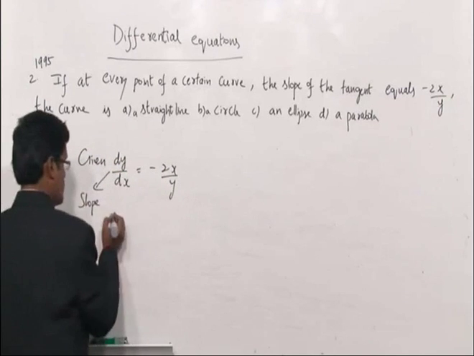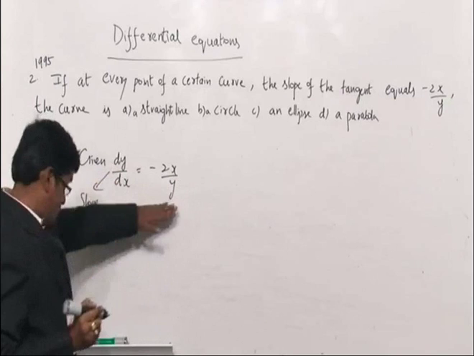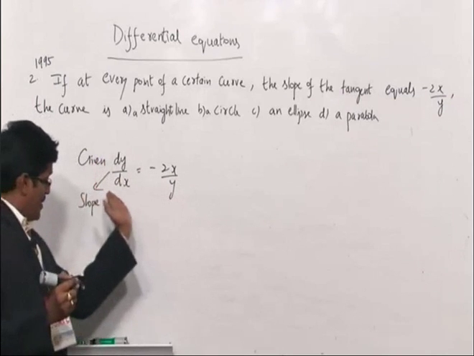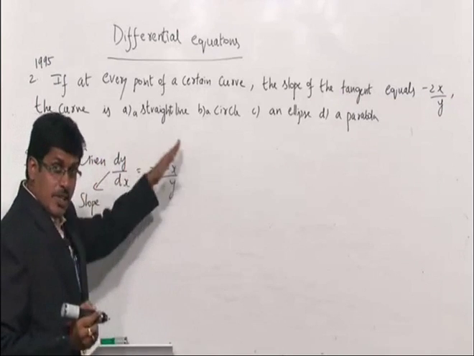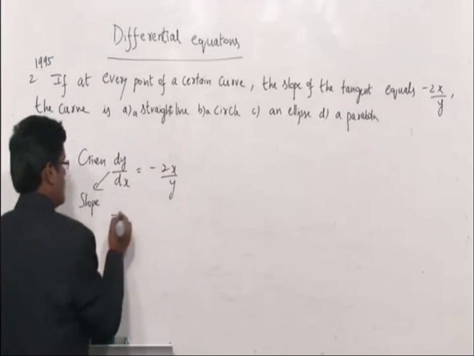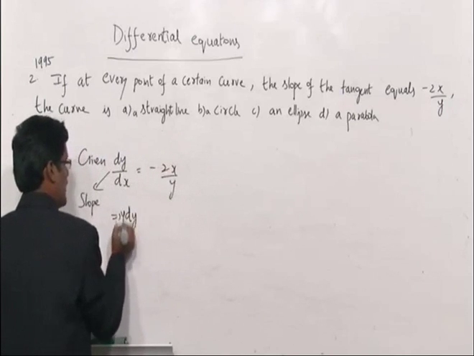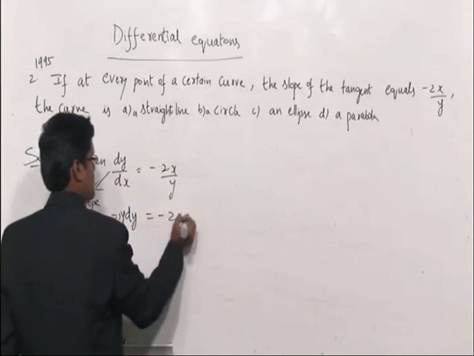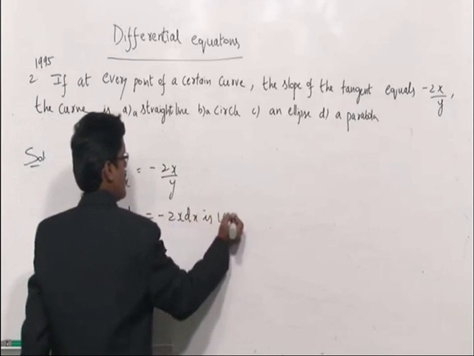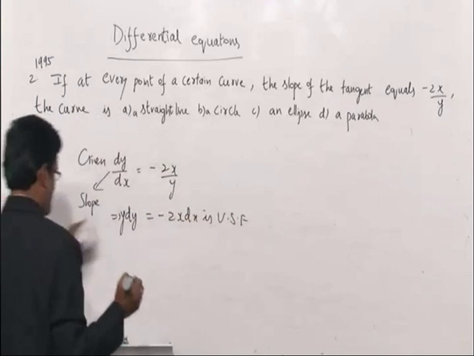It is easy to separate the variables. Dy is in the numerator, so bring all y terms to the left side. Dx is in the denominator, so send it to the right side and keep the x terms on the right side. So y times dy is equal to minus 2x times dx, which is variable separable form.